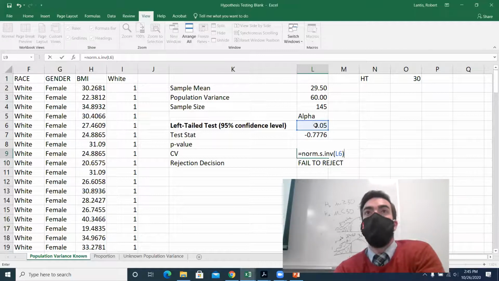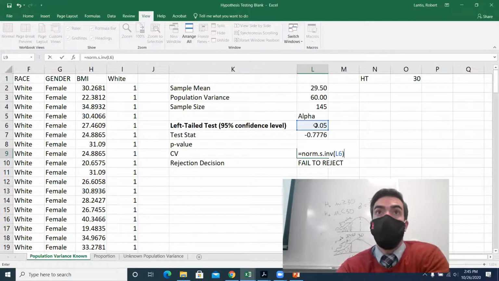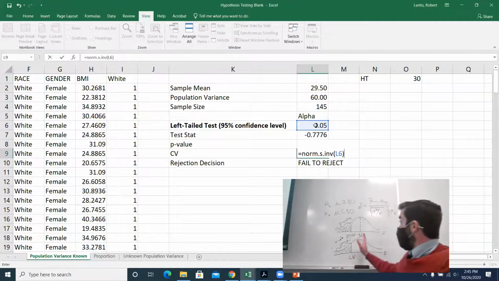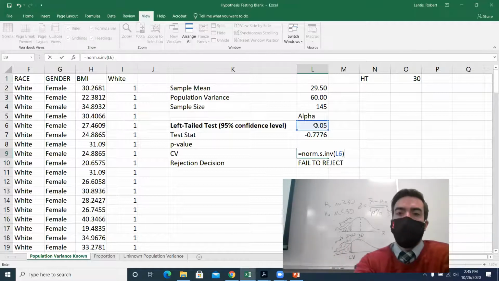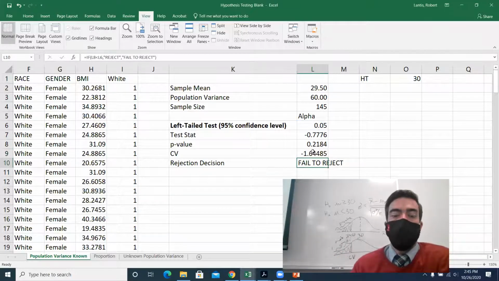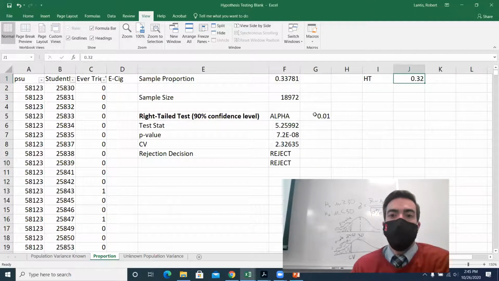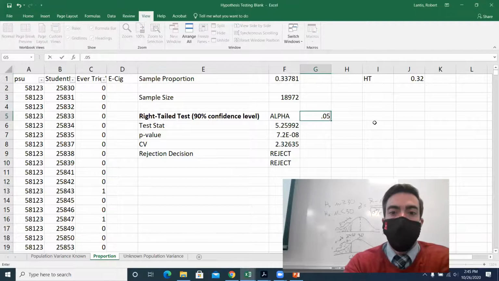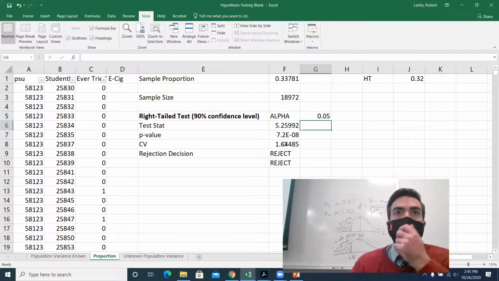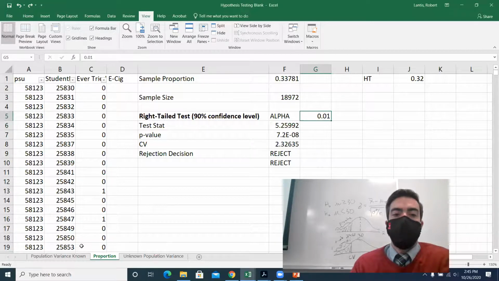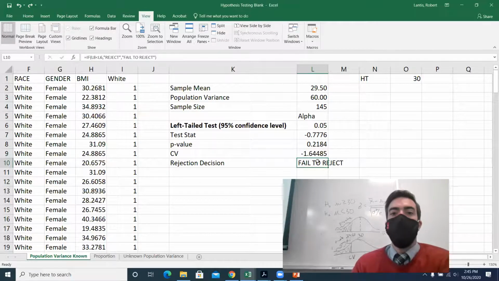I know that my critical value for a left-tailed test should be negative, because it's coming from the left side of the standard normal distribution. Sure enough, I get negative here. Notice, with an alpha of 0.05 for a left-tailed test, my critical value should be negative 1.64. If we go back to the other problem, with the same alpha I get that same critical value, but positive for a right-tailed test. I'm going to hit Control Z so I get rid of that change.